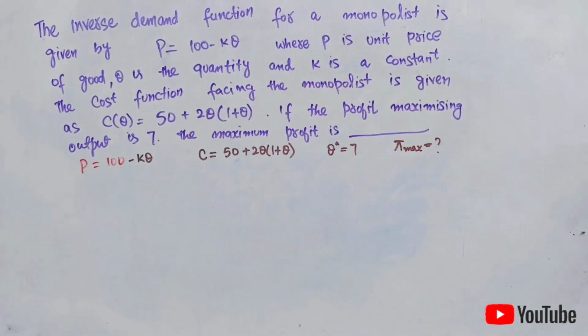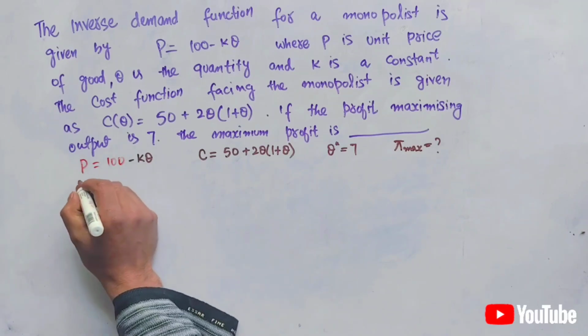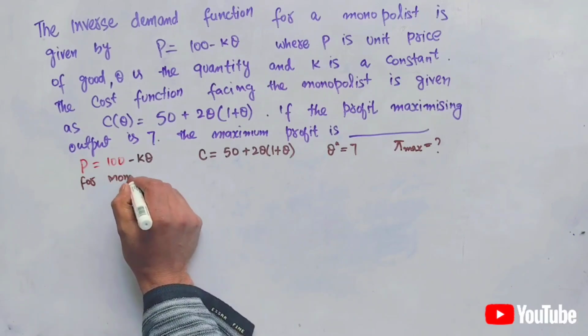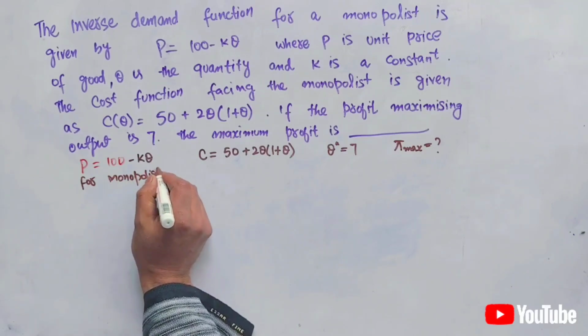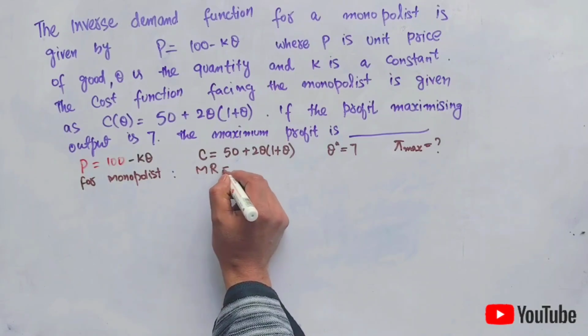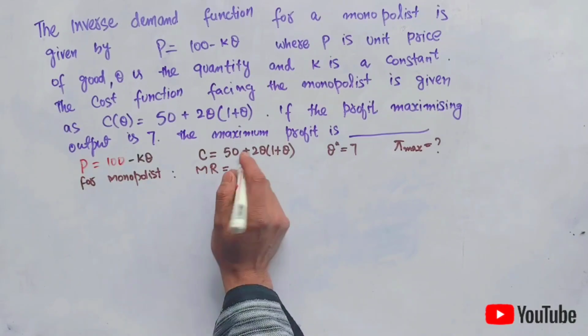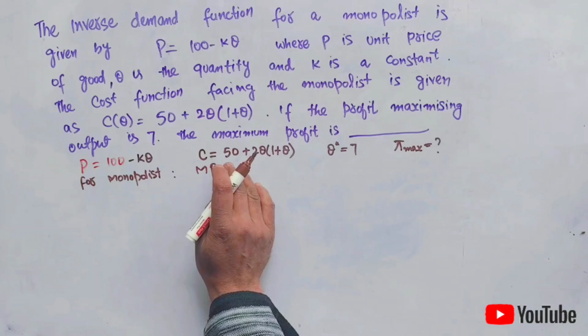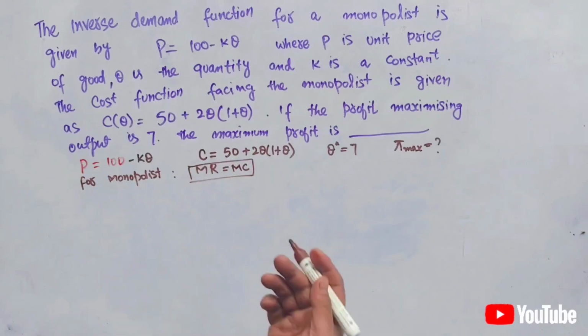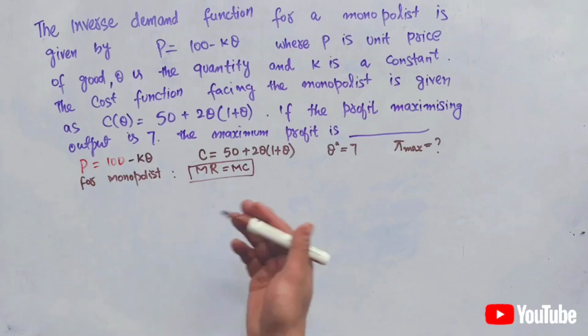For a monopolist, what is the profit maximization condition? Profit maximization requires that we equate marginal revenue with marginal cost. Let's solve it by another method.